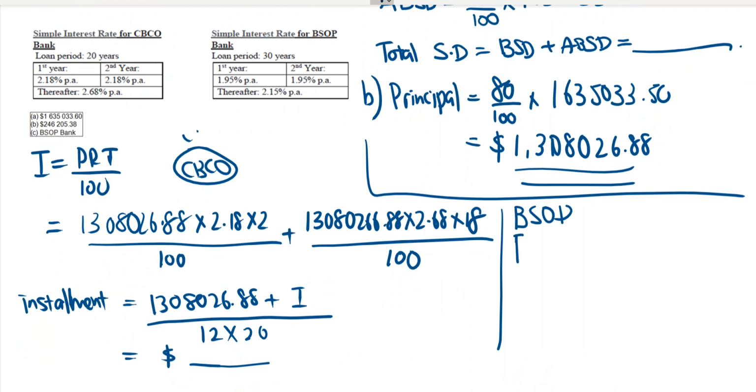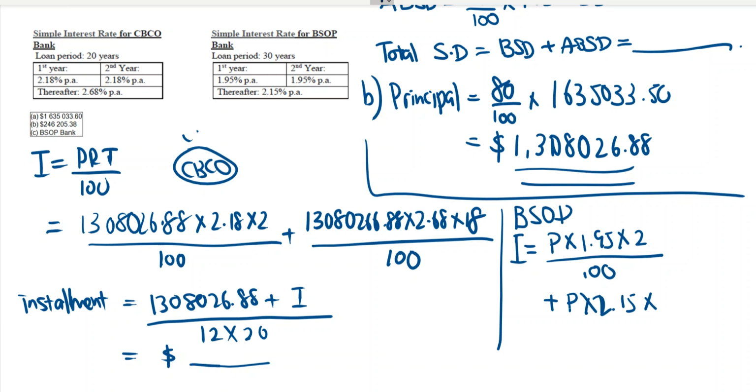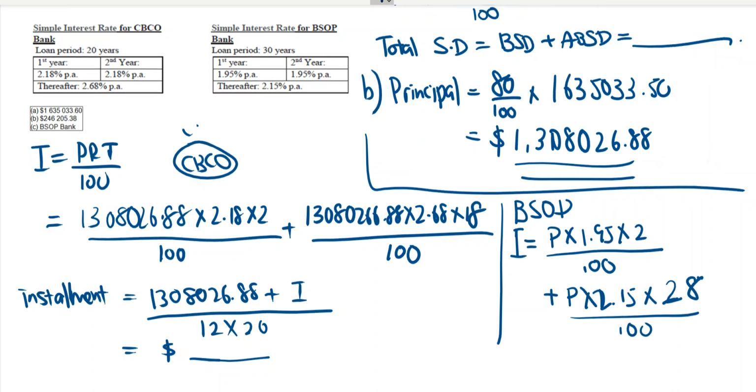So we are going to do the same thing for the other bank, which is BSOP. The interest would also equal the principal times 1.95 times 2 years, over 100, plus the principal times 2.15, times, in this case, because they borrow for 30 years, there are another 28 years remaining, over 100, and you find the interest.